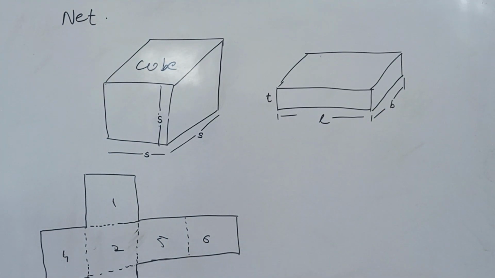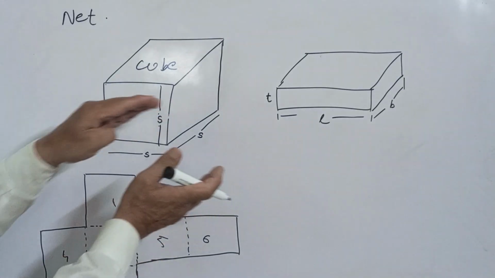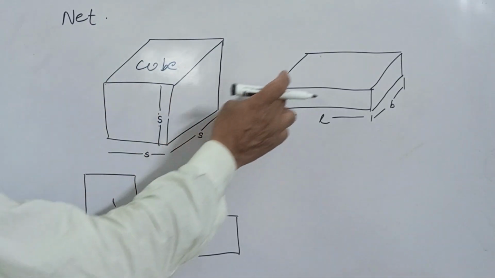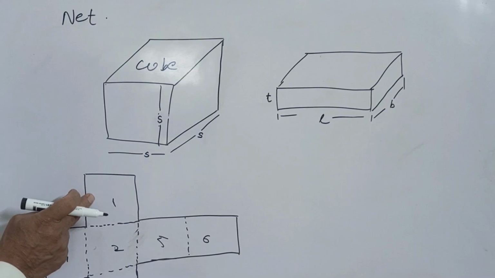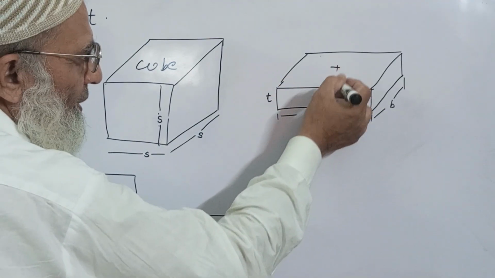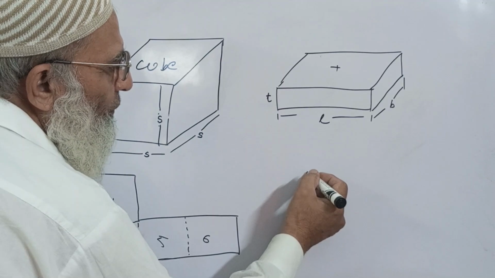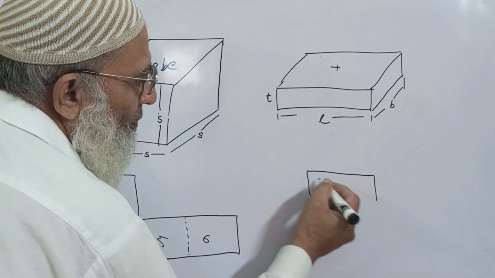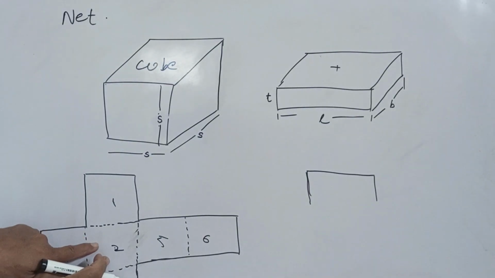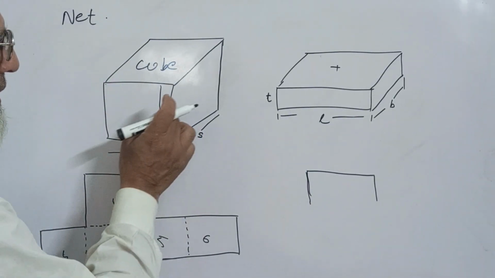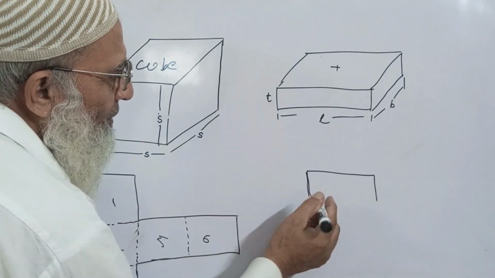And if you open it, it will be opened with the same format, because it also has 6 faces. Now just suppose that this is the face which is at the top. The top face will appear like this. This is the second face, which is like this one. So this is the thickness.